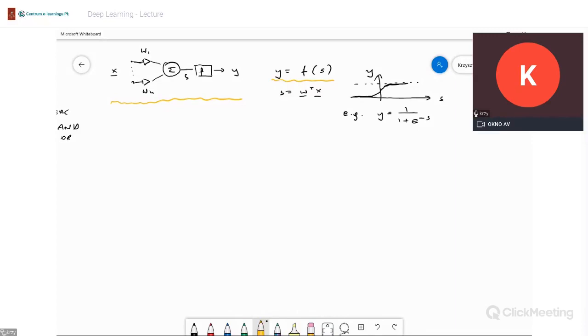And f is some nonlinear squeezing function, and this squeezing function is justified by an attempt to mimic one of the basic properties of a physical device. A neuron is a physical device, so its output signals are either the minimum ones or zero.